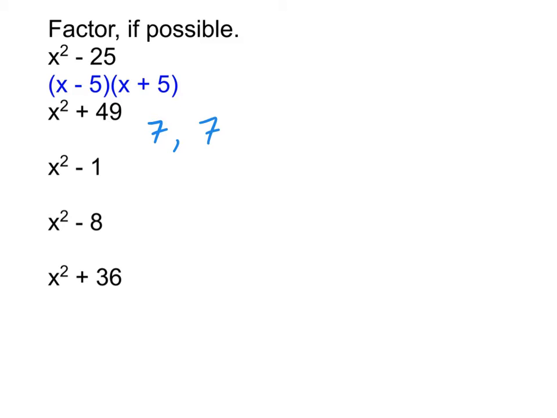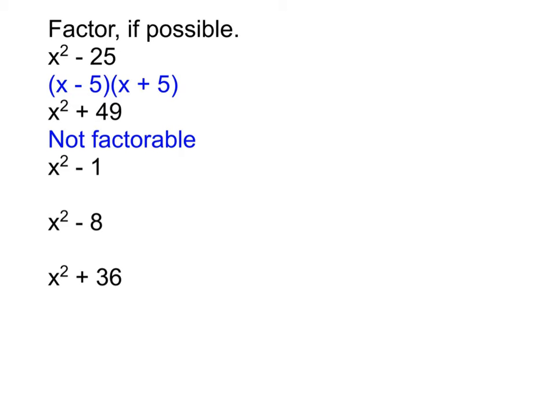No. Well, I can make them add to 0 if I make one of them negative, right? But now it multiplies to a negative 49. Okay, well, what if they're both negative? That multiplies to 49. What's that add to? Negative 14. Doesn't work. And for that reason, we can go ahead and conclude then that it is not factorable.